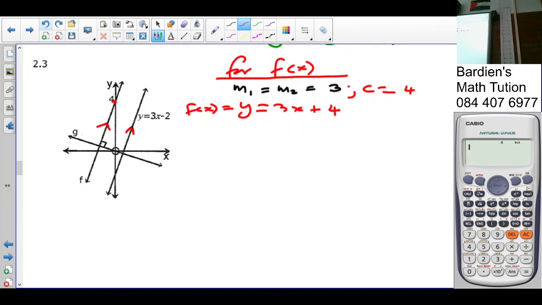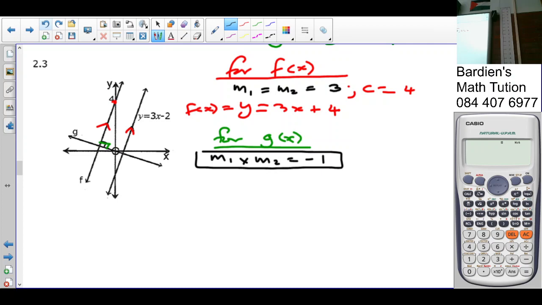So if we're looking at g of x, what do we notice about g of x? G of x is perpendicular to f of x. Okay? So this is for g of x. So what's the rule if a line is perpendicular? The product of the two gradients is negative 1. Gradient 1 times gradient 2 is negative 1. That is if the lines are perpendicular.